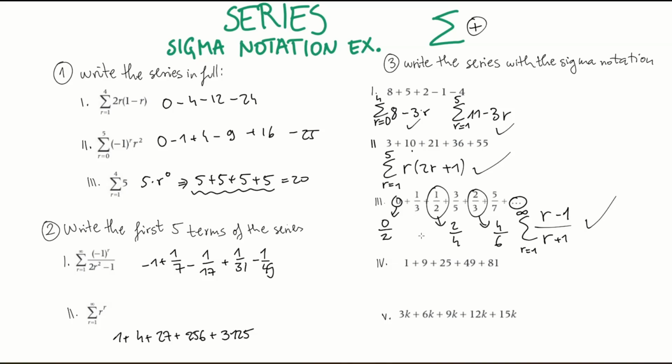Our next example is this fourth one, which is basically just a sum of squares of odd integers. We can see this as 1 over 1, 3 over 2, and 5 over 2, 7 over 2, and 9 over 2.